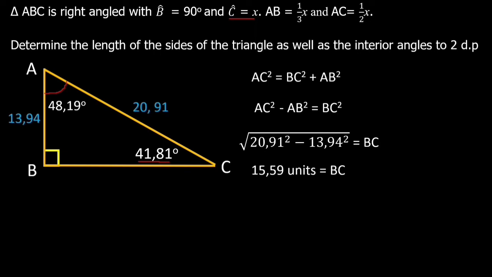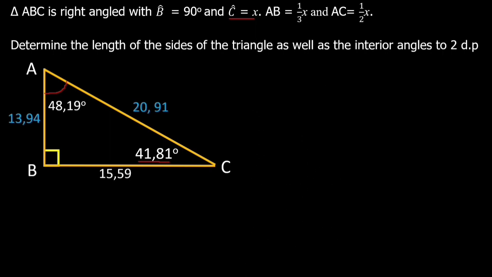Alternatively, you can use the trigonometric ratios. For example, you could use the tan relationship. If you use the angle 48,19 as a reference angle, BC becomes your opposite, AB becomes your adjacent.